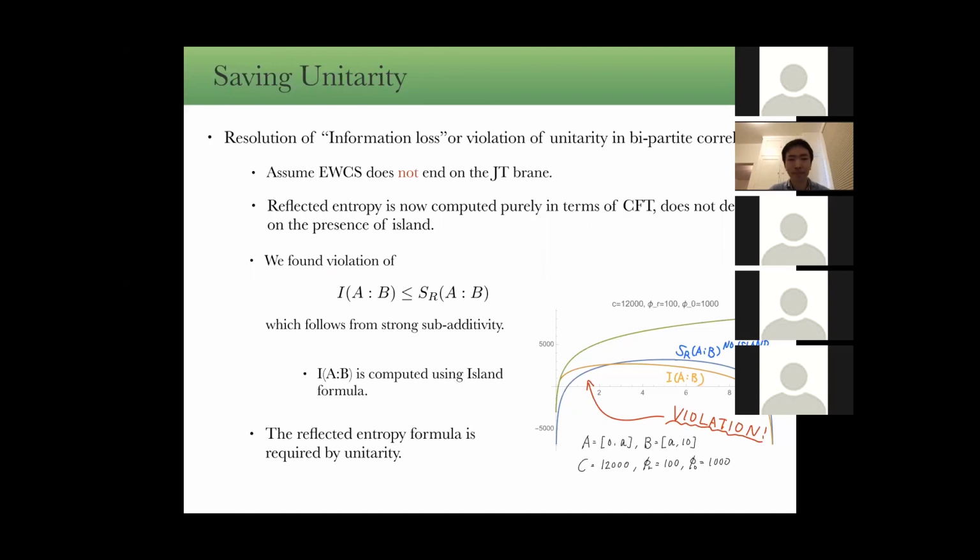I think it's clear that whether the island appears or doesn't appear, or whether you end on it or don't end on it, it's really just a consequence of the quantum version of the RT prescription. If you don't do it right, you're going to get the wrong entropy, and then that wrong entropy is going to violate a lot of inequalities naively.